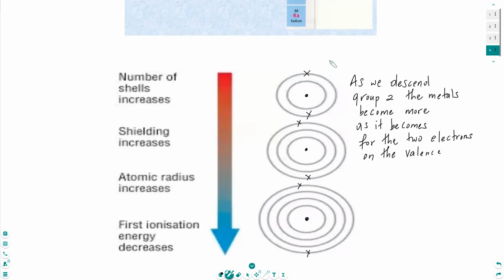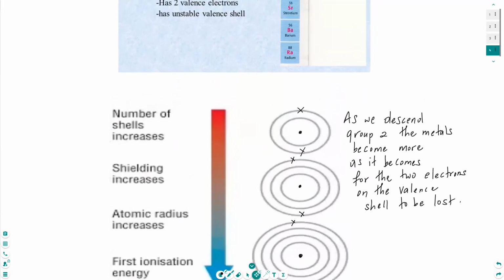So that means that we expect that all the elements will be able to do the same reactions, but we expect them to do them at different speeds.